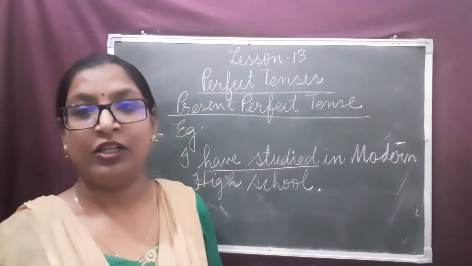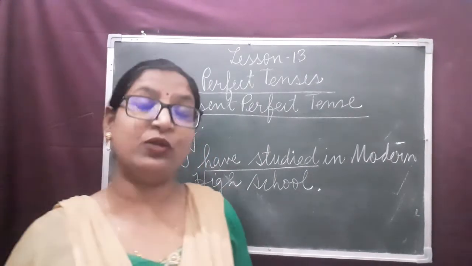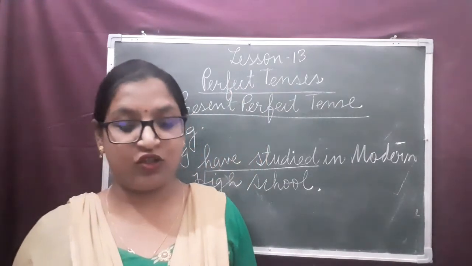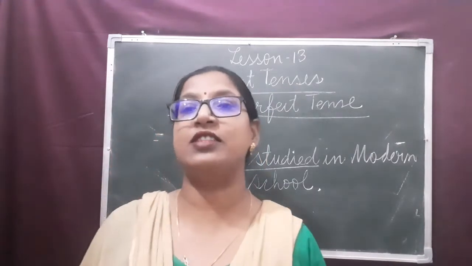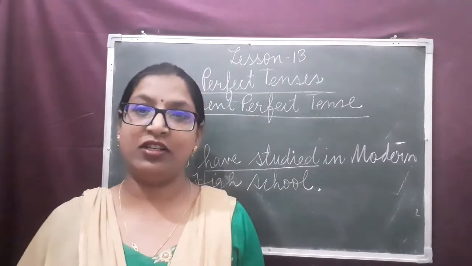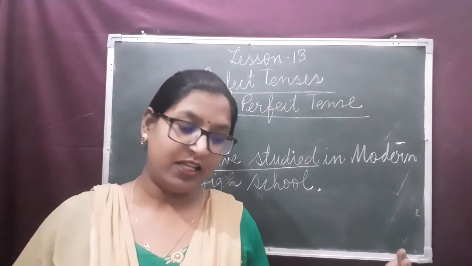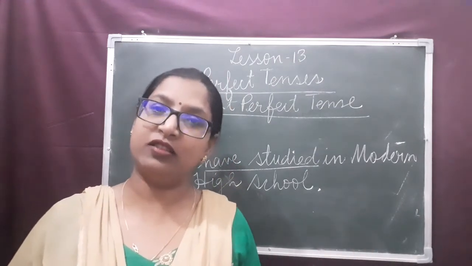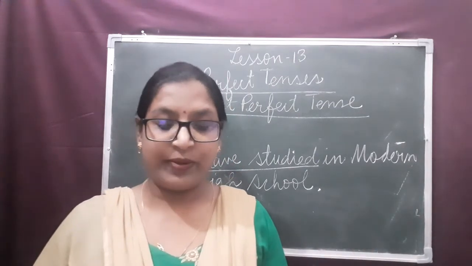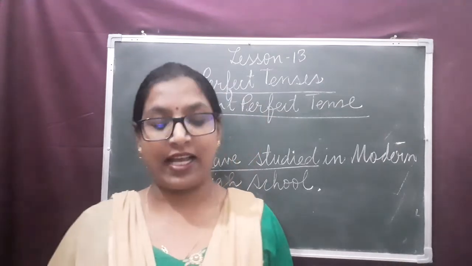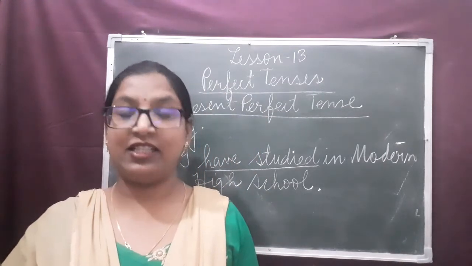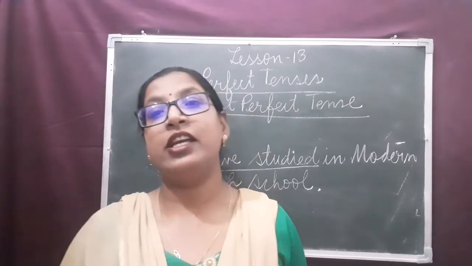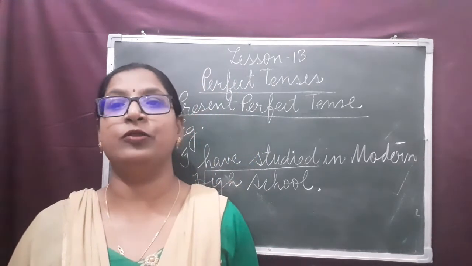Dear children, present perfect tense is used to express an action that has been completed just now or a little time back. The present perfect tense indicates an action that started in the past and is still connected with the present in some way or the other.